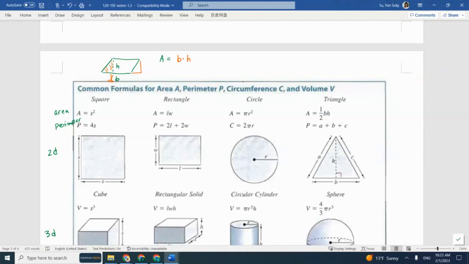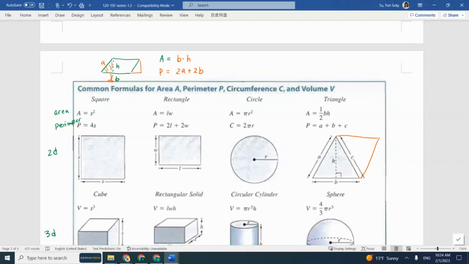Yes, everybody? And then perimeter. Oh, perimeter. Let's say this side is A. So perimeter is 2A plus 2B. This is for parallelogram. Now, triangle. What's triangle? Do you see? Give me another copy of triangle. I flip it upside down.